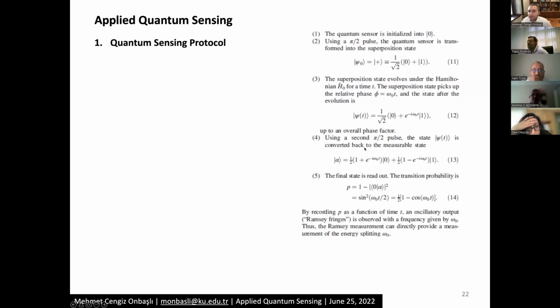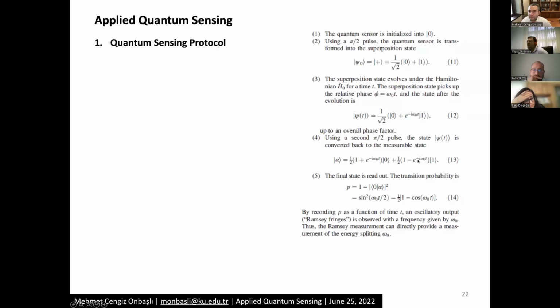We essentially apply another pi/2 pulse and essentially start with the plus state, but now have another plus state on top of this one. And that's why when you open it up and group the 0 state and 1 state, you essentially get these coefficients for 0 and 1.